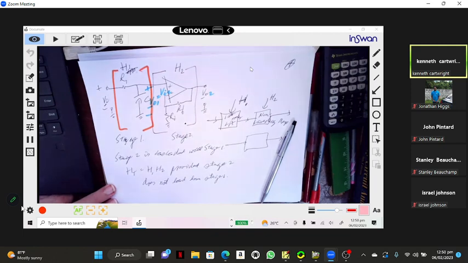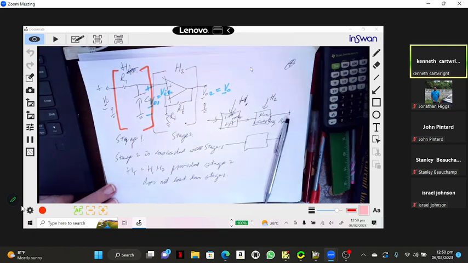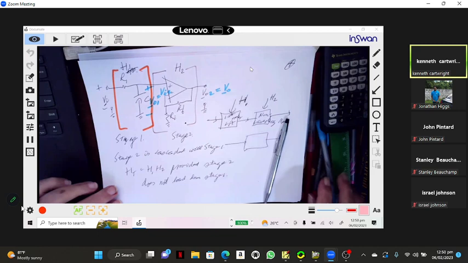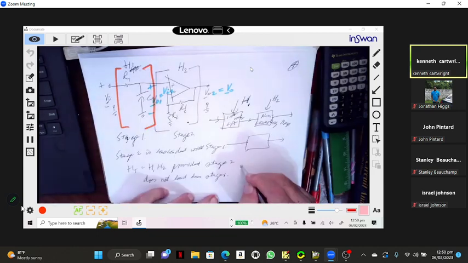But in this case, I just want to call this V out. How do I know stage 2 is not loading down stage 1? I remember us doing this in 235. You all had a project. You all had this project.